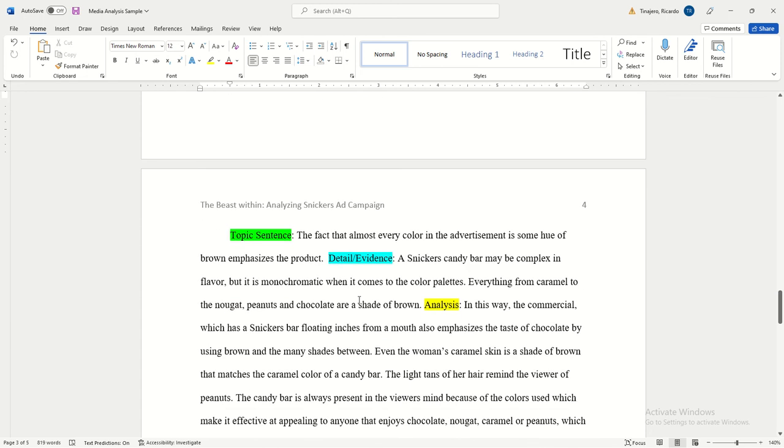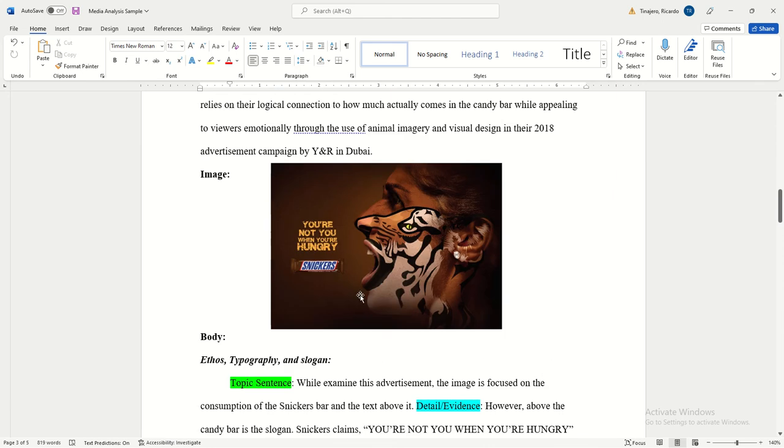And lastly, I talk about the hues of the candy bar, right? The image itself, almost every color used is in some sort of hue of brown, or in that family of brown, right? Except for the white, which is still a little lightish brown, and then the yellow in the eye. But everything else is meant to remind you of what the candy bar offers, right?